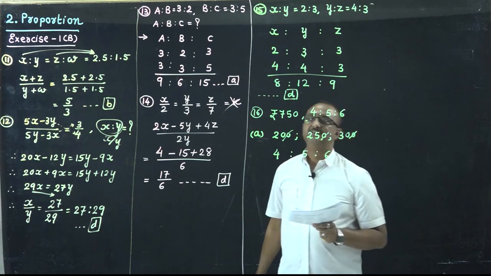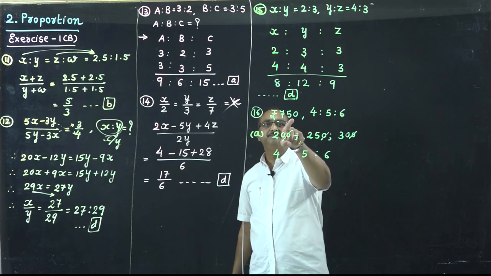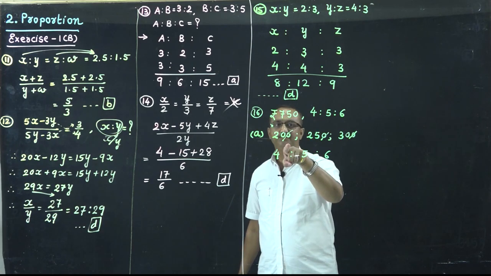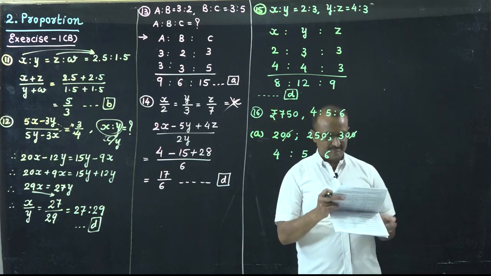Our answer is option A, 4:5:6. બરાબર છે. તો 750ના આપણે 4:5:6ના 3 પાર્ટ પાડીએ તો કેટલા થાય? 200, 250 and 300.